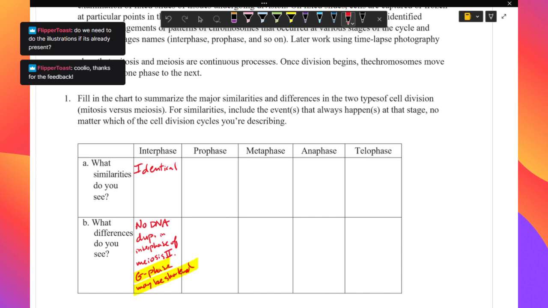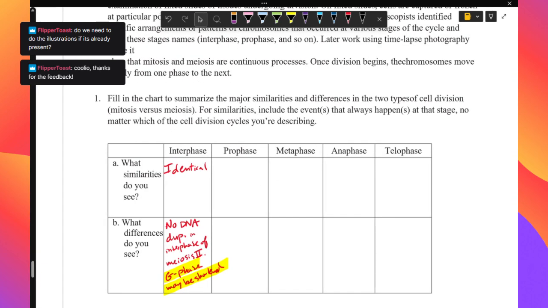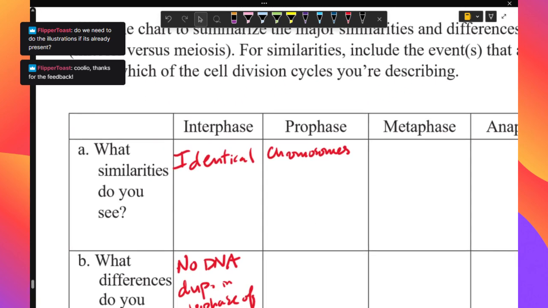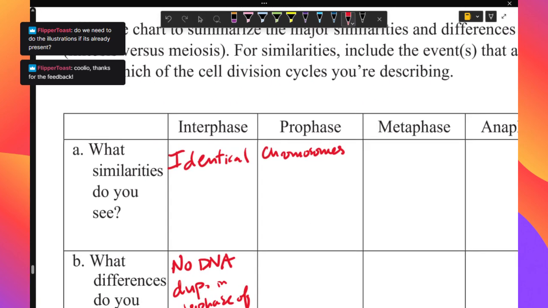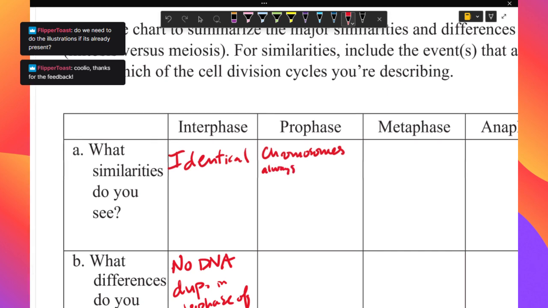All right, prophase, similarities. Your chromosomes are always going to coil and condense. Spindle always forms, nuclear membrane always breaks down.